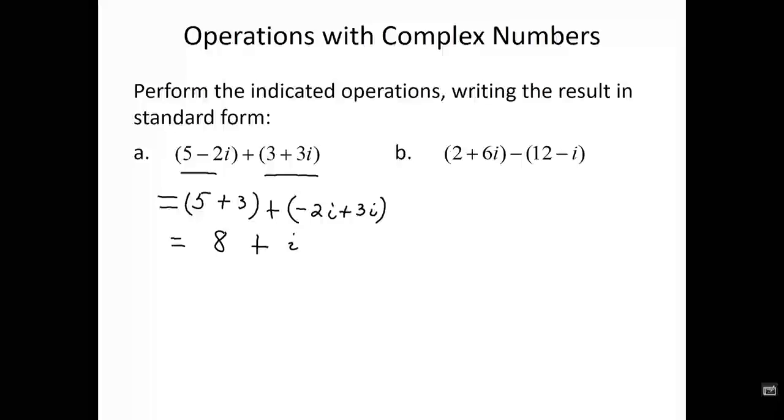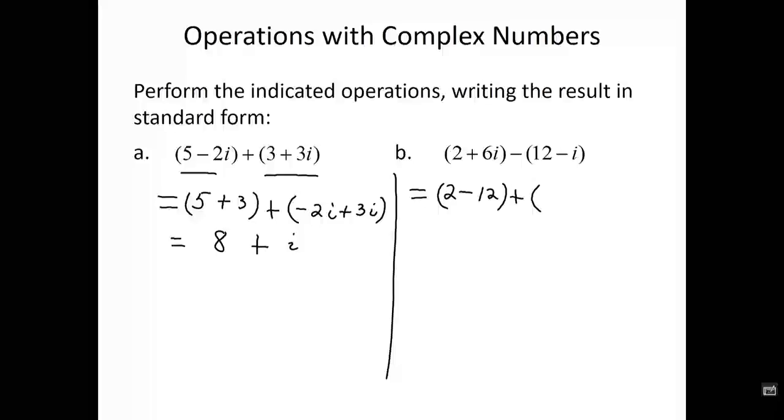Let's look at the next example. Here we want to subtract. We have 2 plus 6i minus 12 minus i. All right, so to perform this operation, we want to subtract the real parts, 2 minus 12, and subtract the imaginary parts.